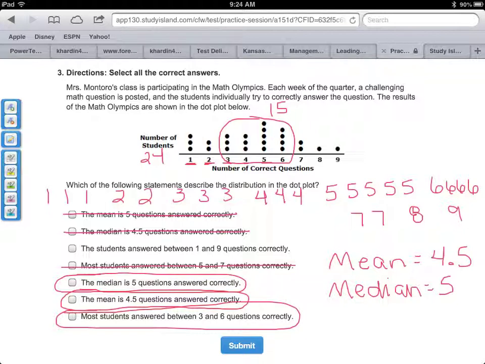And the students answered between 1 and 9 questions correctly. This one is the correct answer. Now, I know that seems like a lot of work, but when you found the mean, that took care of 2 of the answers, and the median took care of 2 of the answers, and the majority took care of 2 of the answers. So you really only had to do 4 jobs to solve this problem.